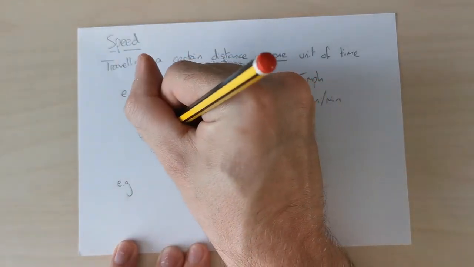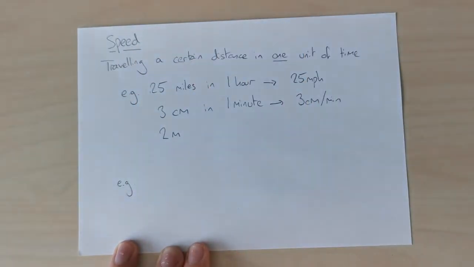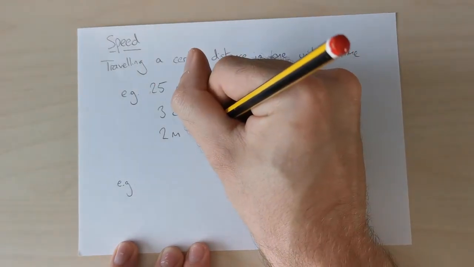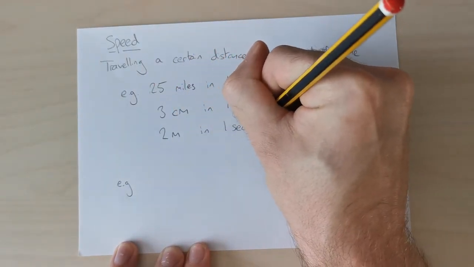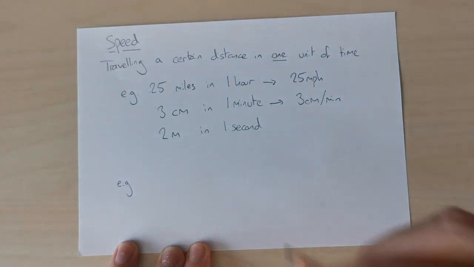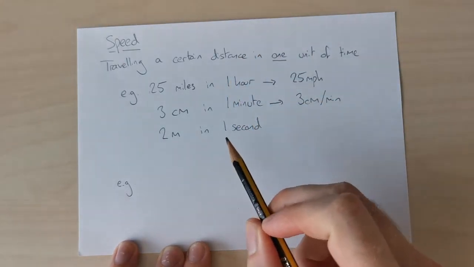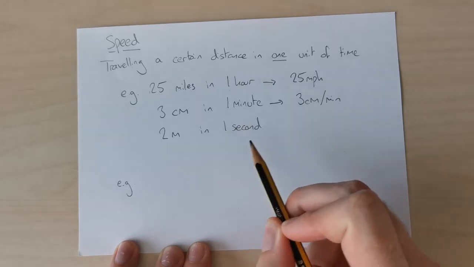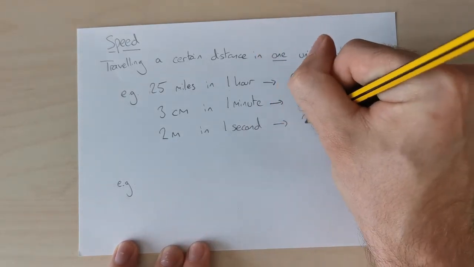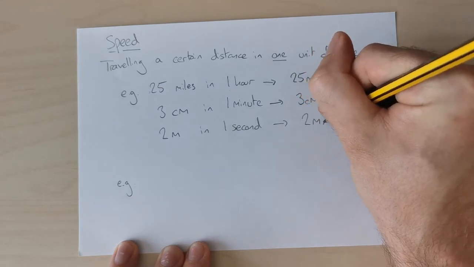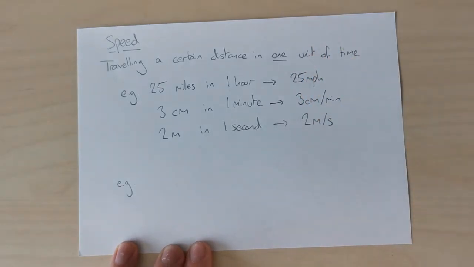One more example. Let's say 2 metres is our distance, and that was covered in 1 second of time. Our unit of time here being seconds, 1 unit of time being 1 second. 2 metres in 1 second means we've travelled at an average speed of 2 metres per second.